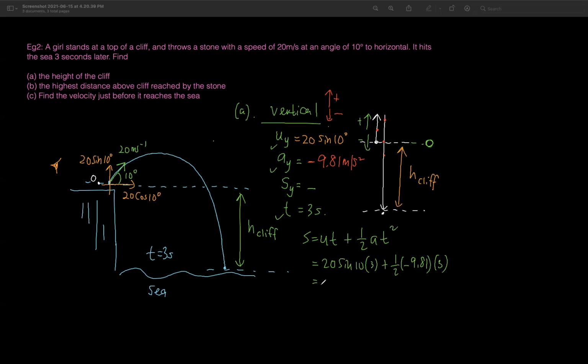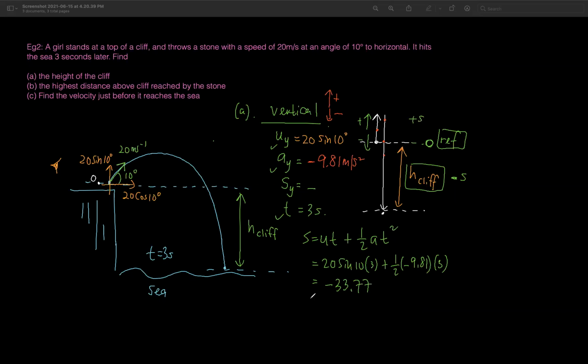Okay, so simplify this, you get a negative value, 33.77. Why negative? Because when it hits the sea, it is now below the reference point already. This is my reference point. So displacement, now it is below my reference point, so you should have a negative displacement. Anything on top is a positive displacement.